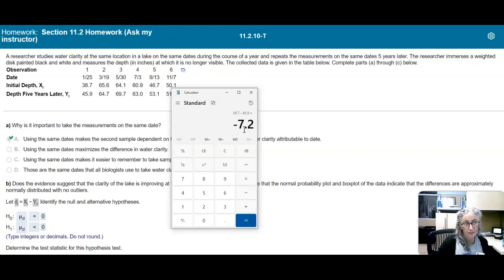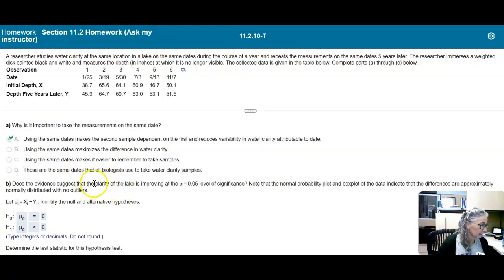So then the question is, what does that mean? Well, the number got bigger, so that means it gets clearer. If I have a negative number, that means the water clarity is improving as time goes by. And that's what this is asking: is the clarity of the lake improving? So if my mean is negative, the answer is yes. That's why we use a less than sign.